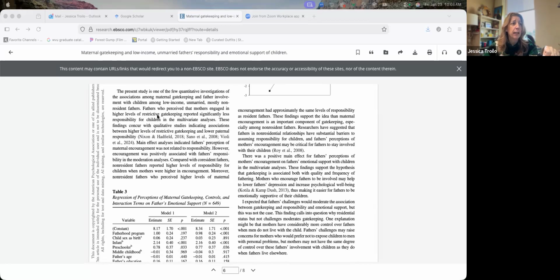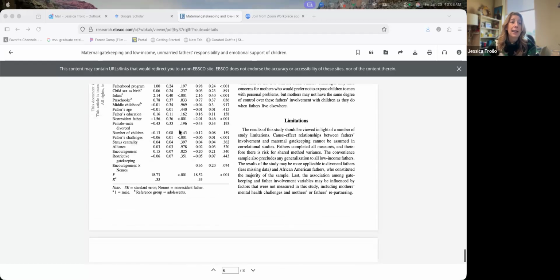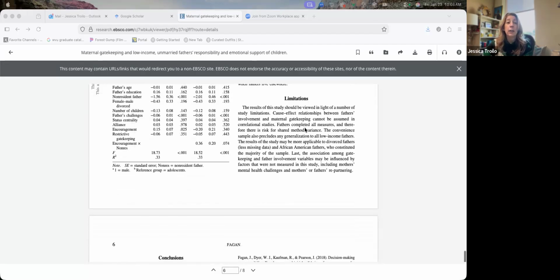And then I'm going to get some findings. Fathers who perceive that mothers engaged in higher levels of restricted gatekeeping, I'm over my 3 minutes, reported significantly less responsibility for children. So I don't need to know what multivariate analysis is, but I just need to know what this finding is. And so I can take notes through what they found in the article. And I can also look at the limitations.